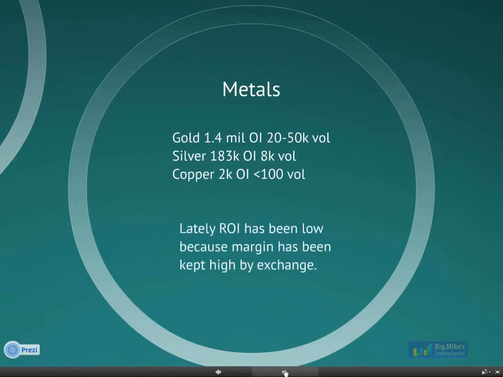And then lately the return on investment has been low for the metals because the margin, after being raised when we had all the dramatic moves earlier in the year, they just haven't lowered the margins yet. So that makes the return on investment really poor, and I haven't done metals in months now because of that. It just seems like COMEX is really slow at adjusting their margin rates, and they really need to lower them now, but they're a little bit behind.